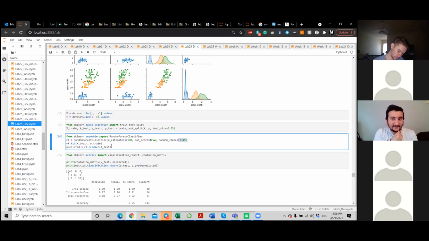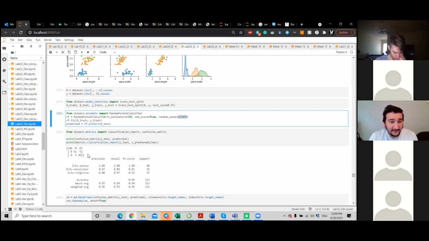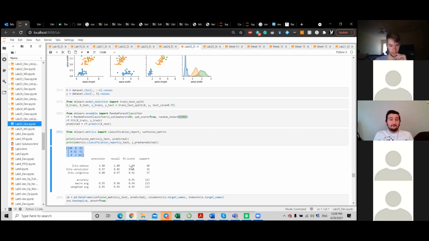That is necessary if you want to make your results reproducible for research projects and stuff. I will fit my model on my training X and Y's, and then I will apply it on my X for the testing period. And I get this as my confusion matrix and the result.